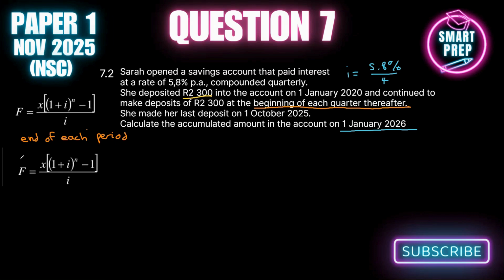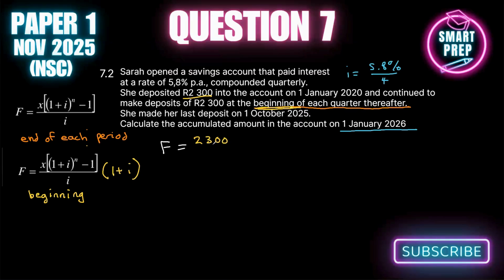So if they say the beginning of each quarter, like they have there, let me underline that in yellow, then we need to give it an extra amount of interest. Because it's the beginning of the period, you must just add on this extra interest. They normally do these questions at the end of each period. This was a tricky year where they did it at the beginning, and that may have caught a few students out.